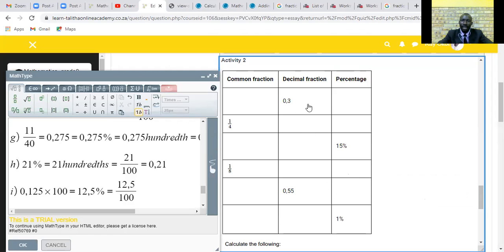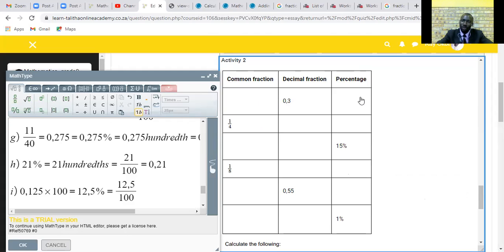Complete this. Here given in decimal, here you write in percentage, here in common fraction. For example, what is the common fraction for this? Well, there is only one number after the decimal point. So this is called a tenth. So under common fraction, it will now be 3/10.